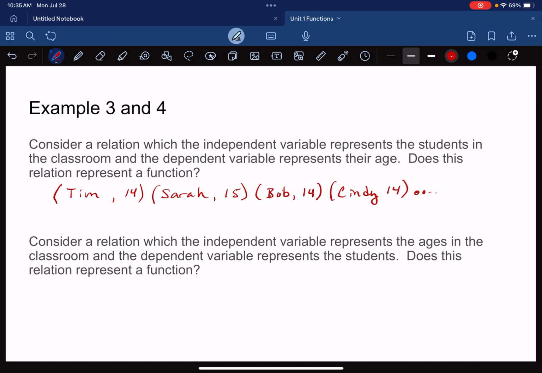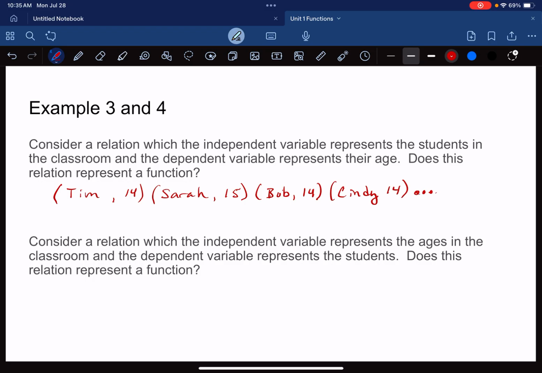So the question about a function or not is, does the x value or the input repeat? So if we have individual people in the room, is it possible that one of the names could be the same? And the answer to that is yes. There could be two different Tims in the room, and they could be two different ages, okay?